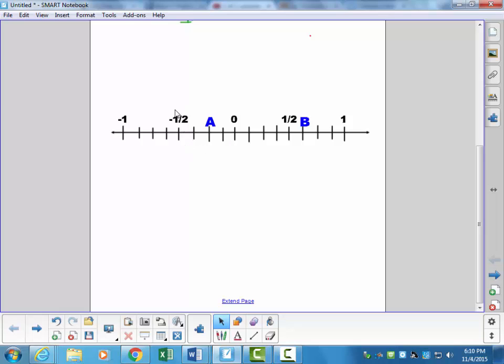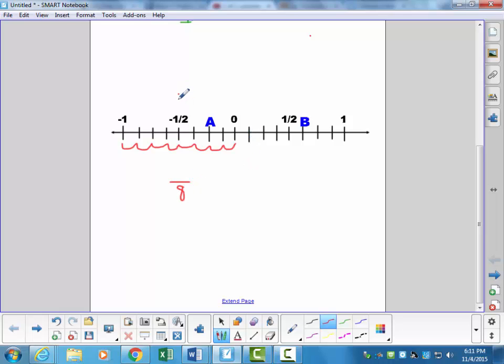Let's count. There's 1, 2, 3, 4, 5, 6, 7, 8. So there's 8 lines in between 0 and 1. Well, that leads me to believe that we're dealing in eighths.